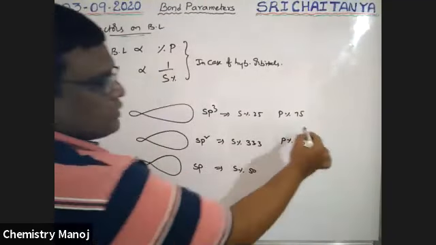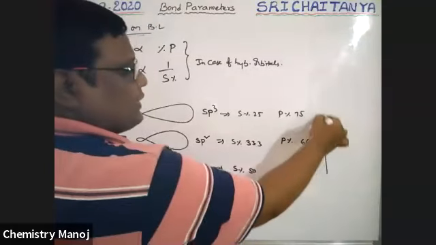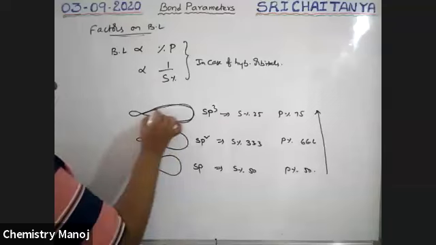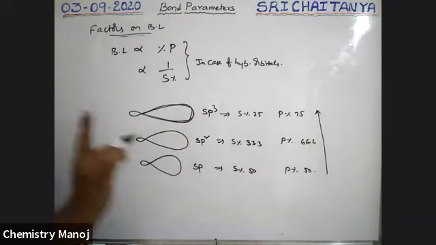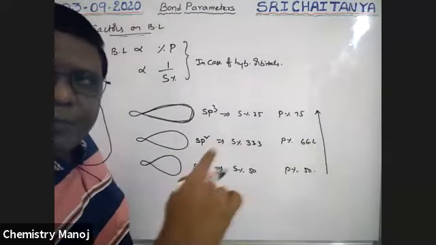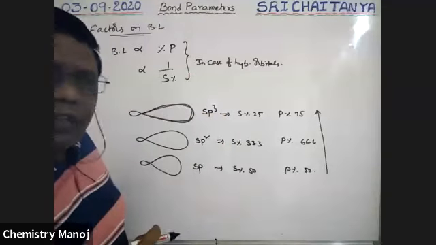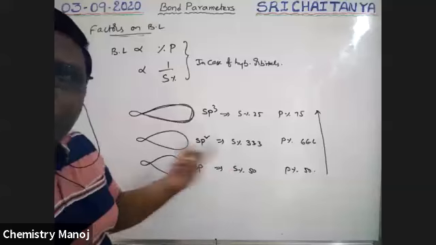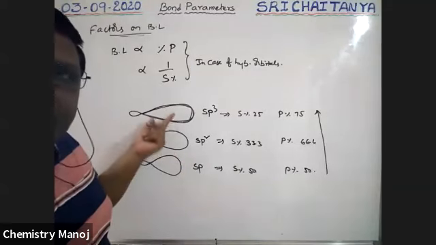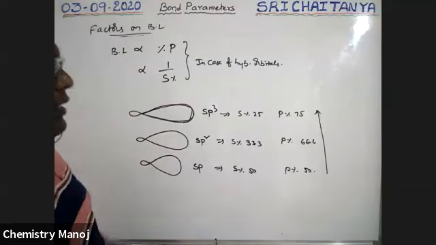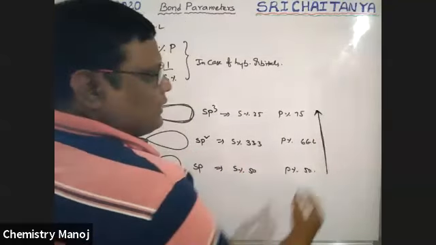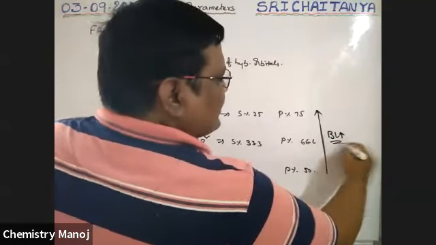As the p percentage increases in this direction, the size of the orbital increases. As the size of the orbital increases, the distance between the atoms also increases. That means an sp3 bond is longer than an sp2 bond, because sp2 is small in size and sp3 is big in size. As p percentage increases, bond length increases.